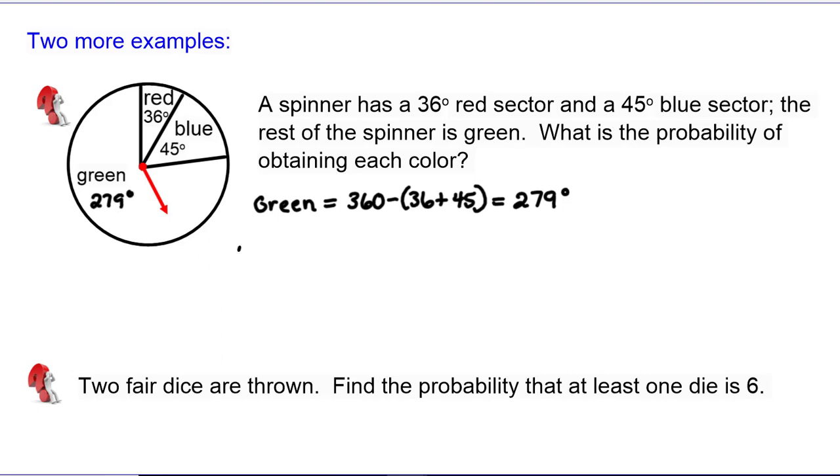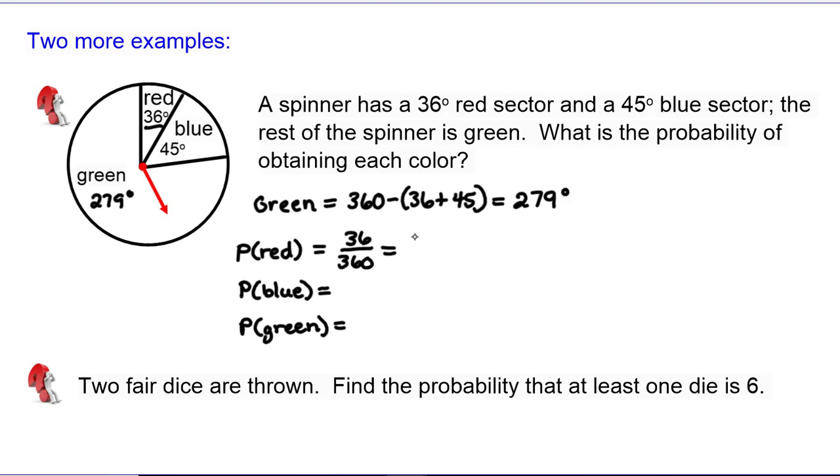Okay, so I want the probability of spinning a red, then the probability of spinning a blue, then the probability of spinning a green. It's what you want over the total amount. So for a red, I have 36 degrees. Total degrees is 360.